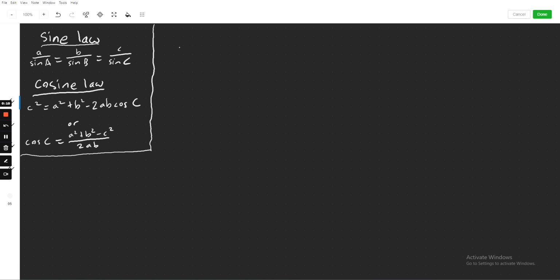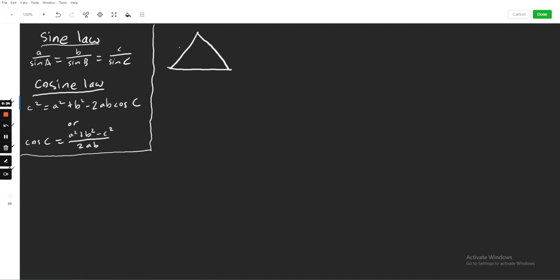So essentially the sine law is using proportions of a triangle. Side length A over sine angle A is equal to side length B over sine angle B. When we look at a triangle, actually this would be better to look at for demonstration purposes.